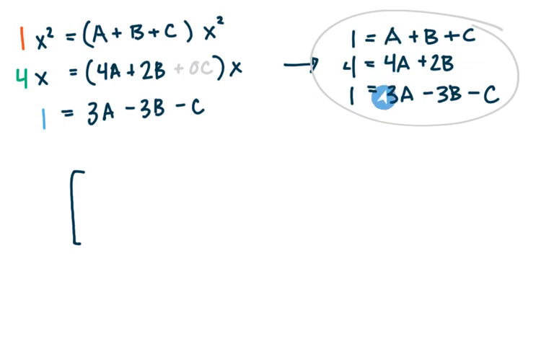My coefficients of A, I have 1, 4, and 3. My coefficients of B, I have 1, 2, and negative 3. And then, of course, for my C's, I have positive 1, 0, and negative 1.